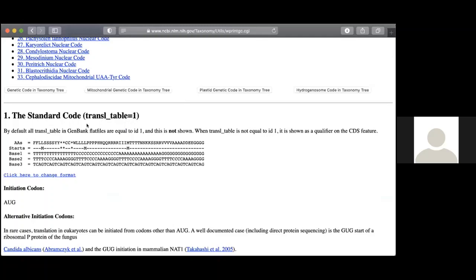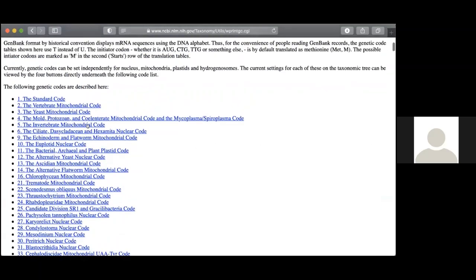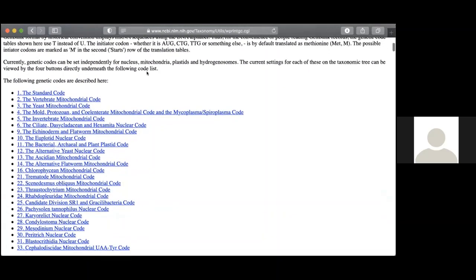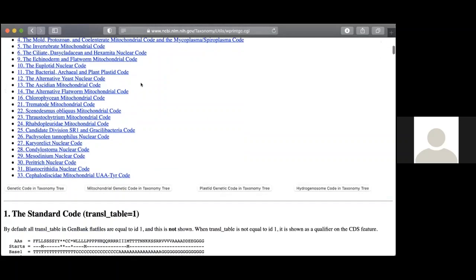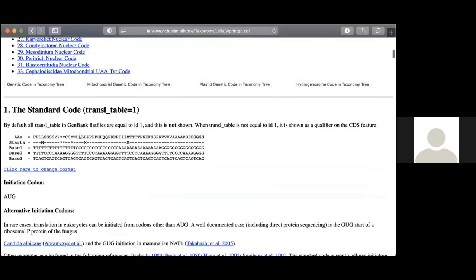You can see this is the standard table, but there are different tables. If you go to the NCBI, you'll find different tables for different organisms. So the codons might vary from this standard code table.